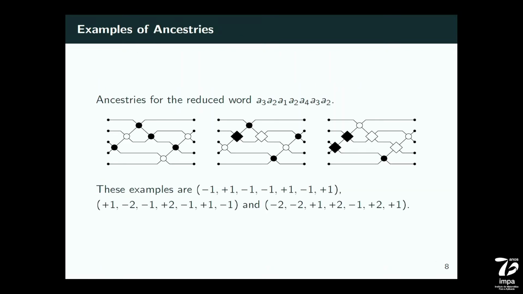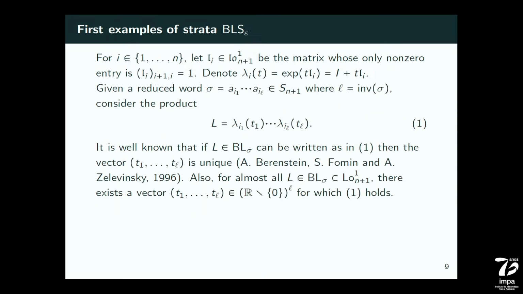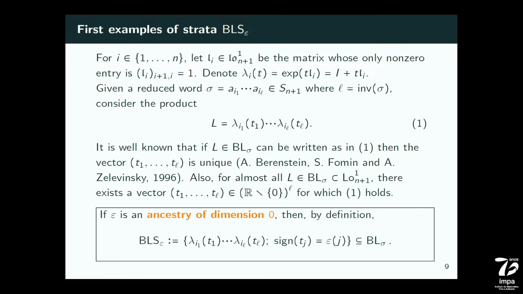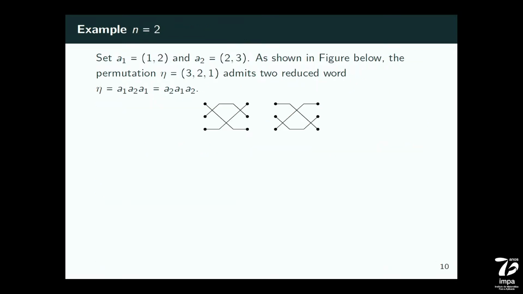In this example, the matrices are written like lambda i3, and here this entry is negative, this is positive, negative, negative, positive, negative, positive. These are the ancestries of dimension 0.